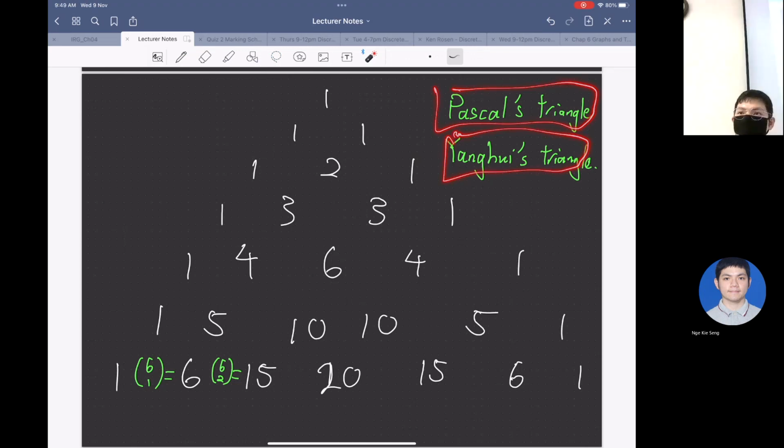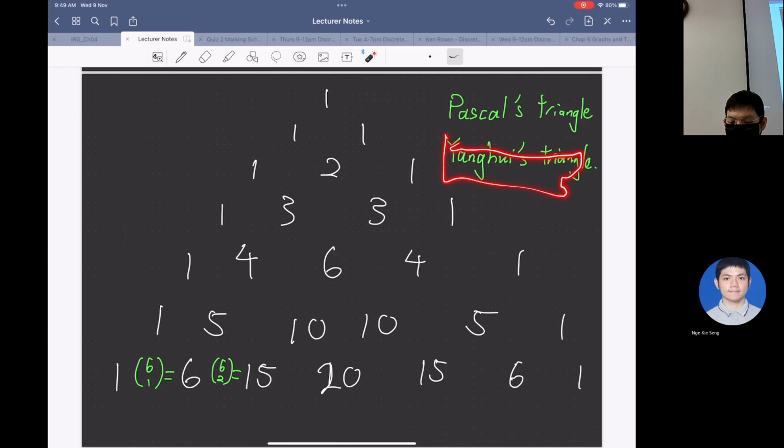Is that right in your syllabus? But I learned about this Yang Hui triangle only about 2 years ago or last year. Previously, I was taught the Pascal triangle, to be the same with the other Malaysian Pascal triangles. Only 2 years ago I also came across this.